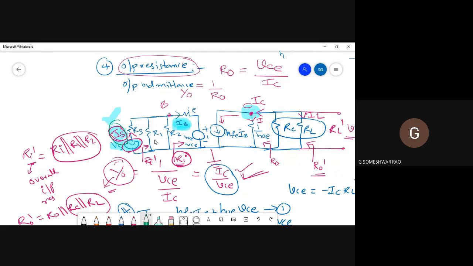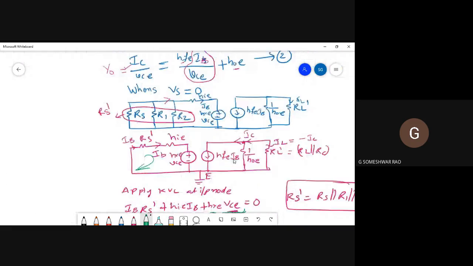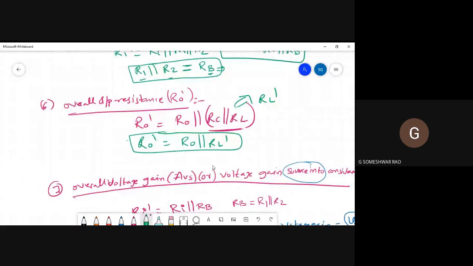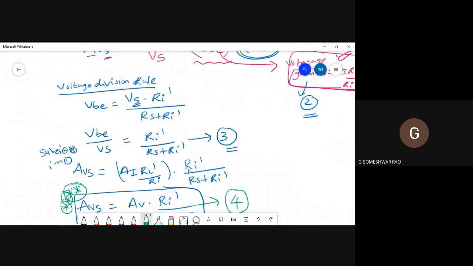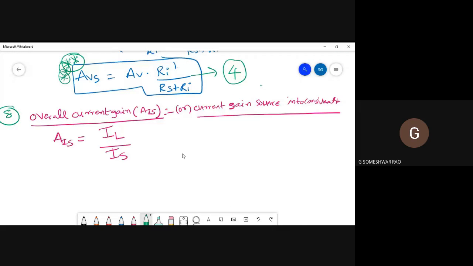So therefore, what is the overall current gain here? Definition of overall current gain, that is nothing but IL by IS.